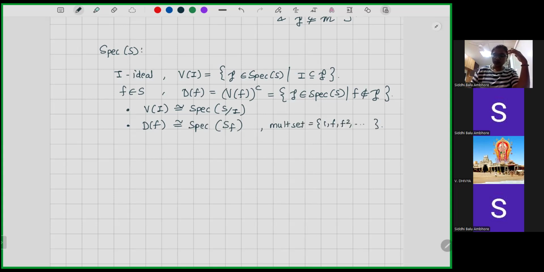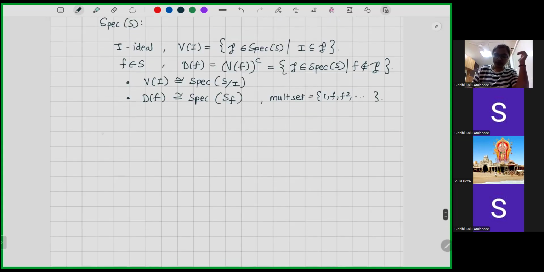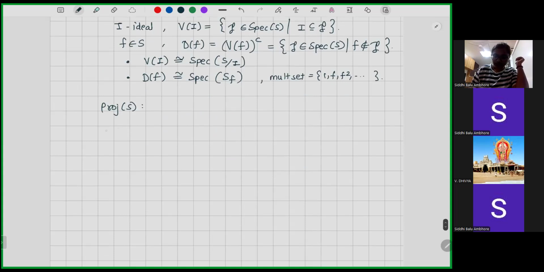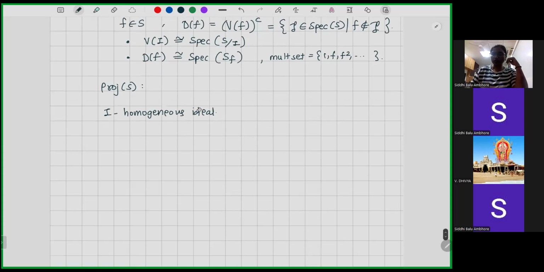Similar to this, we have this analogy in Proj S. In Spec S, I was any ideal, but in this case, I need I to be a homogeneous ideal. So we are only talking about homogeneous ideals, also called graded ideals.